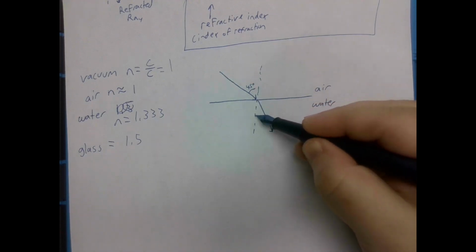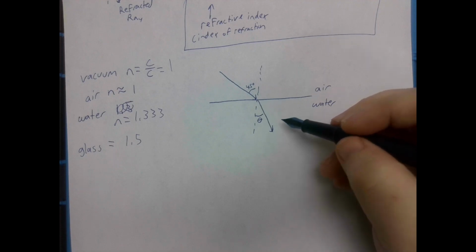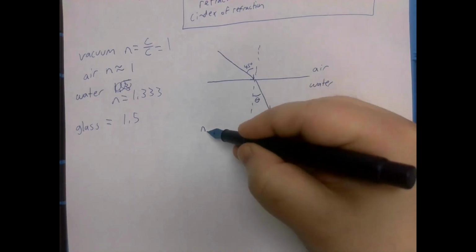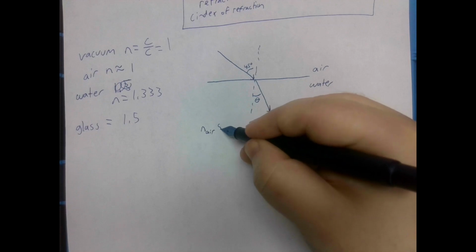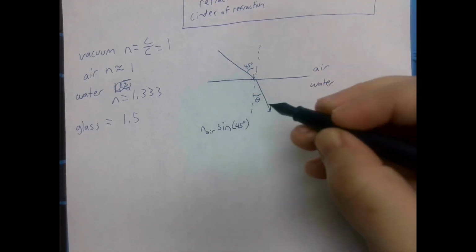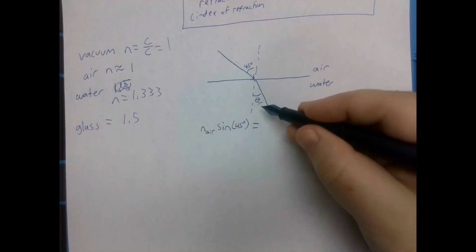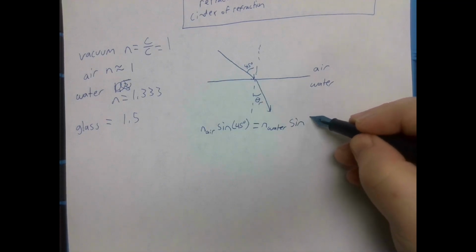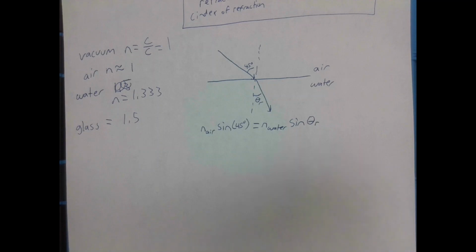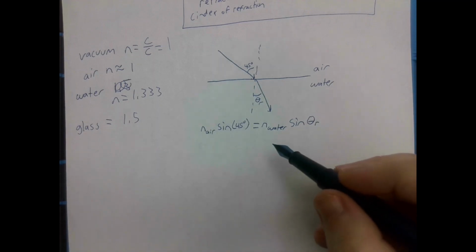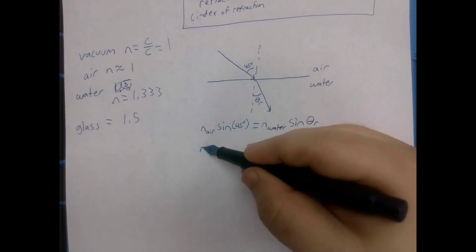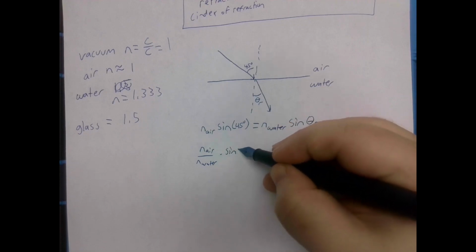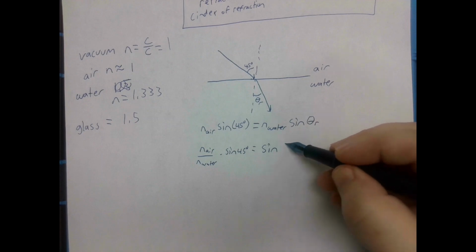At what angle will it be refracted? So N of air times sine of 45 degrees has to equal N of water times the sine of theta in water. Divide both sides by N water. So N air divided by N water times sine of 45 degrees is equal to the sine of theta that we're trying to solve for.